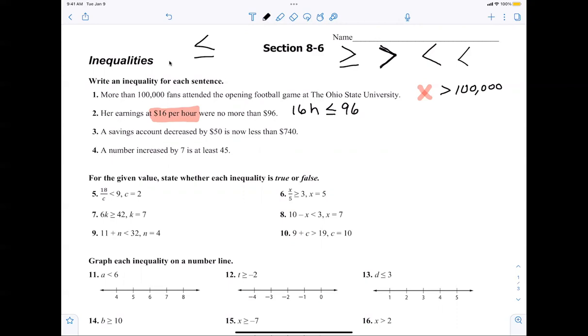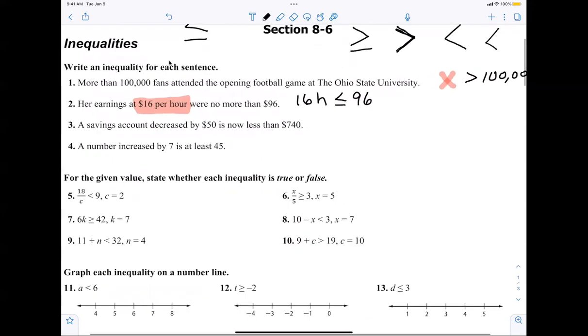For question number 3, we're going to translate that. Read it to me. The savings account is about $50, is now less than 740. A savings account. Do we know how much money is in your savings account? So what are we going to call it? A variable. What variable do you want to use?